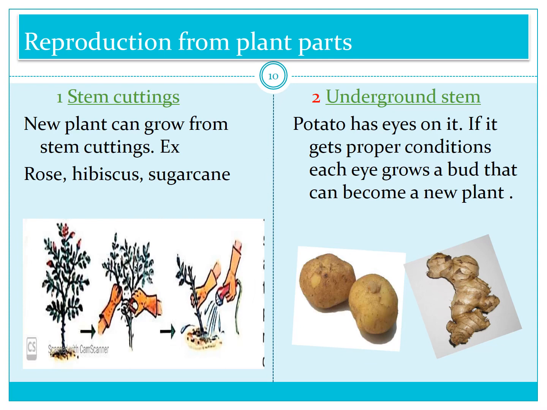Reproduction takes place by underground stem in potato and ginger. So what happens when a potato has eyes on it? If it gets proper conditions, each eye grows a bud that can become a new plant.